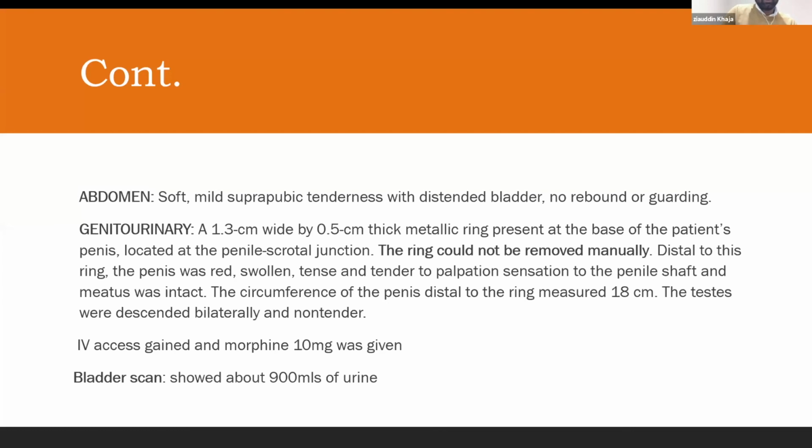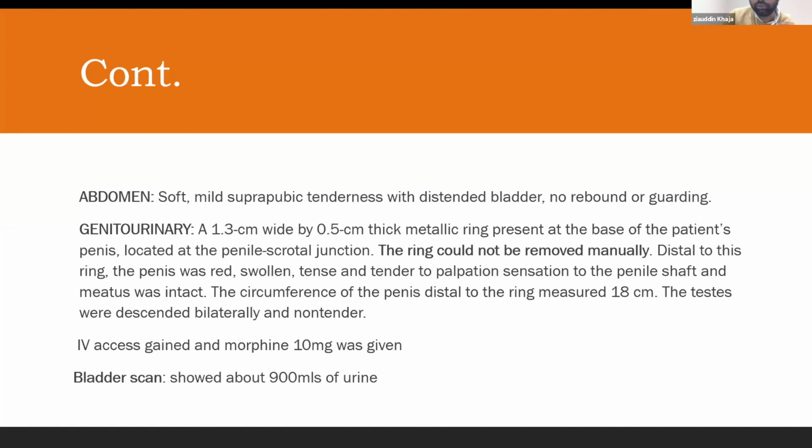On examination, his abdomen is soft. There is mild suprapubic tenderness with a distended bladder, palpable like a mass, but no rebound or guarding. Genitourinary: he has a 1.3 by 0.5 centimeter metallic ring at the base of the penis, at the penoscrotal junction.